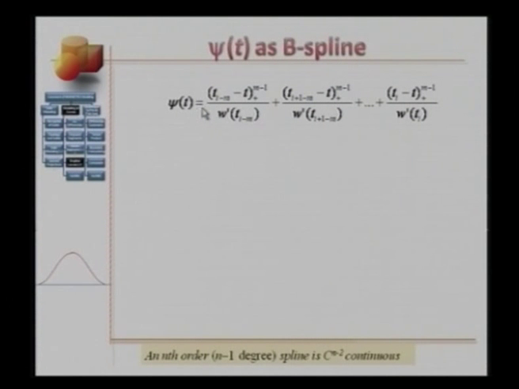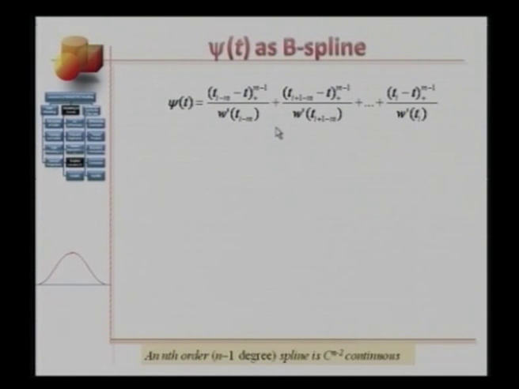Psi of t equals (t(i-m) minus t) truncated raised to m minus 1 over w prime t(i-m), plus (t(i-m+1) minus t) truncated m minus 1 over w prime t(i-m+1), and the last term in the summation is (ti minus t) truncated raised to m minus 1 over w prime ti.